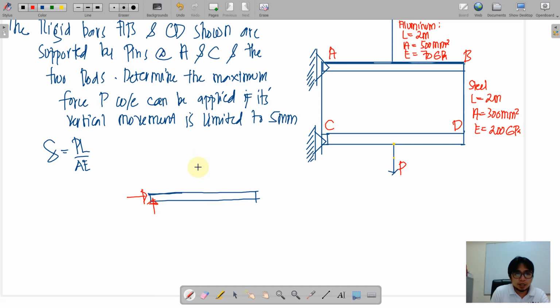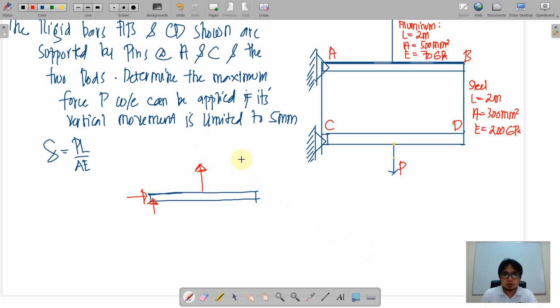And then for the next, of course, we will be having a tensile force by the aluminum. So for steel, of course, there will also be a tensile force. When we say tensile, it is a force arrow having a direction away from the joint.